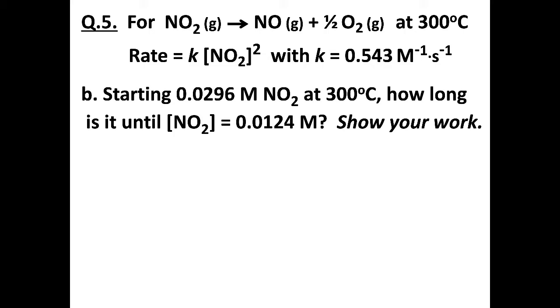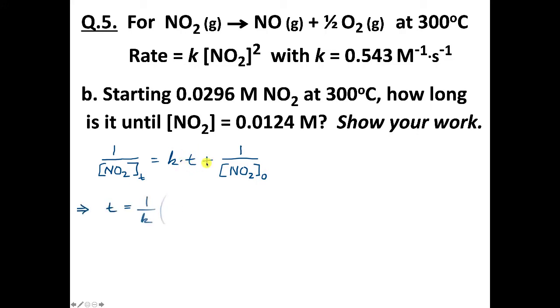Okay, so as noted before, same rate law, second order, for the same reaction. So the same time versus concentration relationship, 1 over NO2 at time t equals k times the time plus 1 over NO2 concentration initially. And now we know everything except the t value.